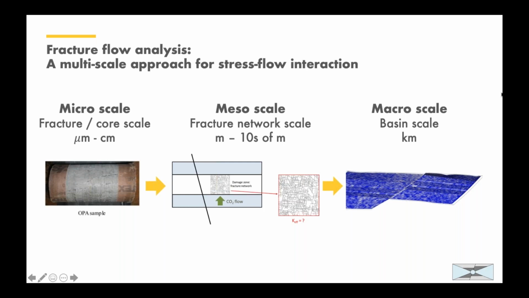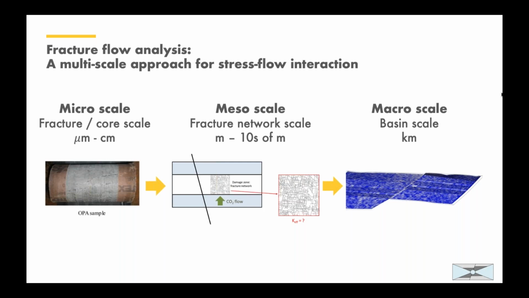The second aspect that poses a challenge in terms of modeling is the complexity of the interacting physical processes that Andreas nicely outlined at the beginning of this talk, like chemical reaction, temperature interaction, mechanical interaction, and at the end what we are interested in is whether CO2 leaks, so very much a flow phenomenon.